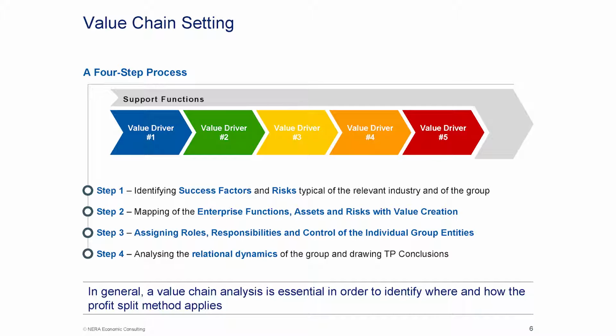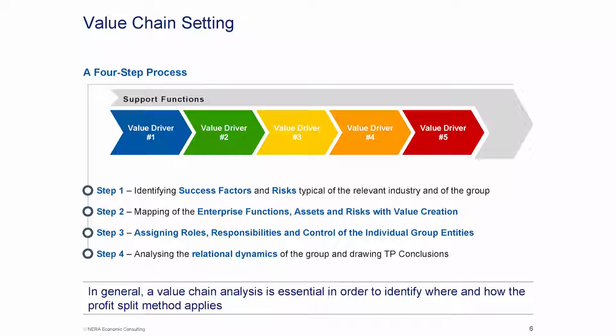Based on our experience, it has been an extremely useful tool to understand how companies work in a specific industry, to understand how related parties are contributing value through their functions, their assets and risks, and a very useful tool in order to properly, or I would say even more properly, assess the right selection of the method, including the profit split method.